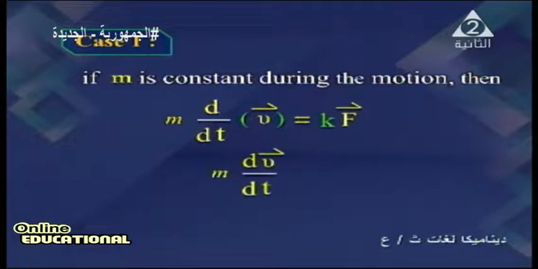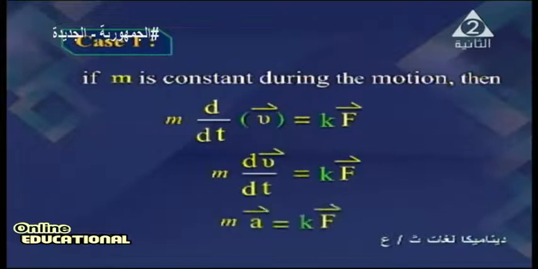What is the derivative of vector v with respect to the time t? The derivative of the velocity vector with respect to time is the acceleration vector. Then m times vector a equals k times vector F.